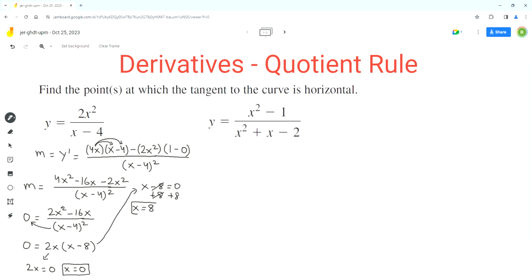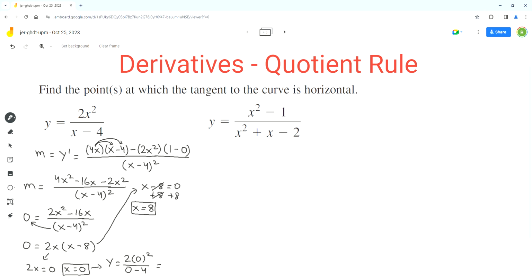Now since we have to find the points, we have to find the y coordinates for these x coordinates. So for the first x coordinate, x equals 0, we'll sub in x as 0 in the given equation for y. So y equals 2 times 0 squared over 0 minus 4.